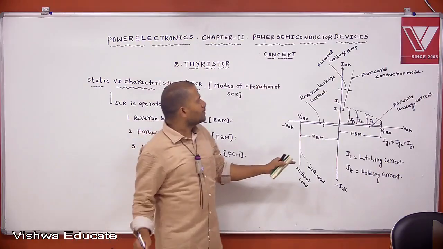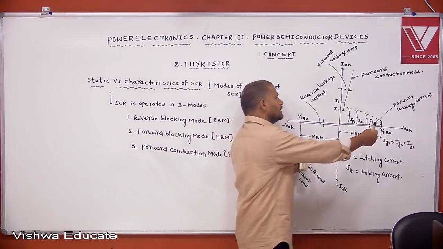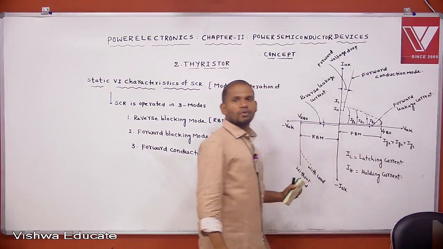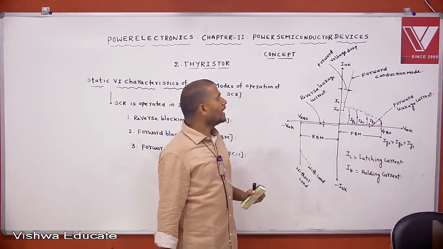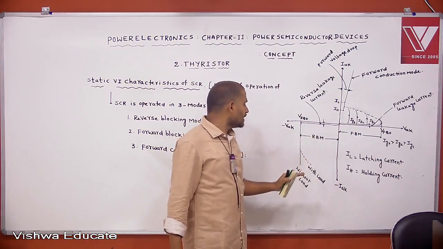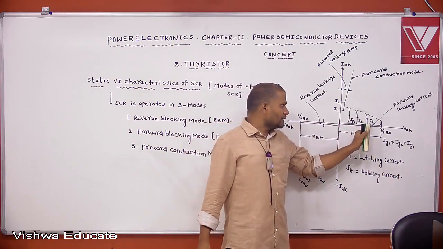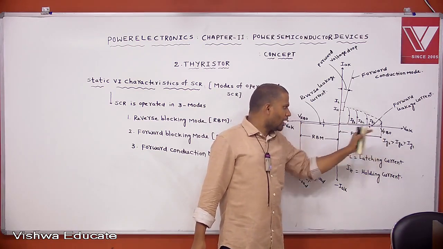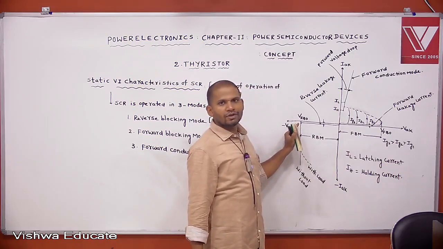This is reverse blocking mode, this is forward blocking mode, and this is forward conduction mode. Now we'll see in detail about each mode of operation. This current is the reverse leakage current, this is the forward leakage current, this is the forward breakdown voltage, and this is the reverse breakdown voltage.